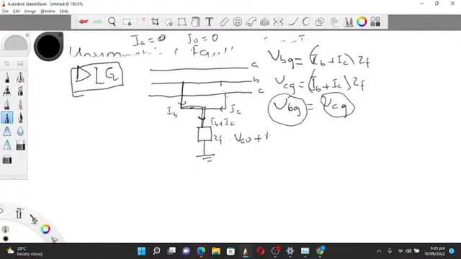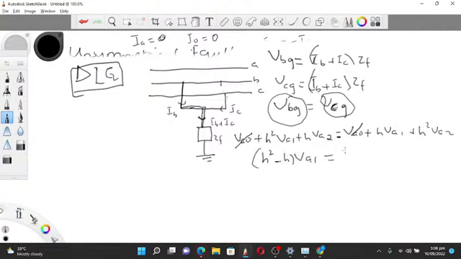If we try to write expressions for this in reference to A, it will be VA0 plus H squared VA1 plus H VA2 should be equal to VA0 plus H VA1 plus H squared VA2. VA0 cancels VA0. I have H squared minus H times VA1 should be equal to H squared minus H times VA2.